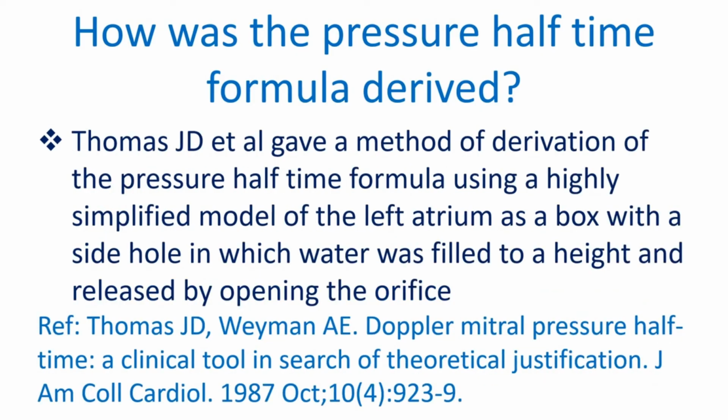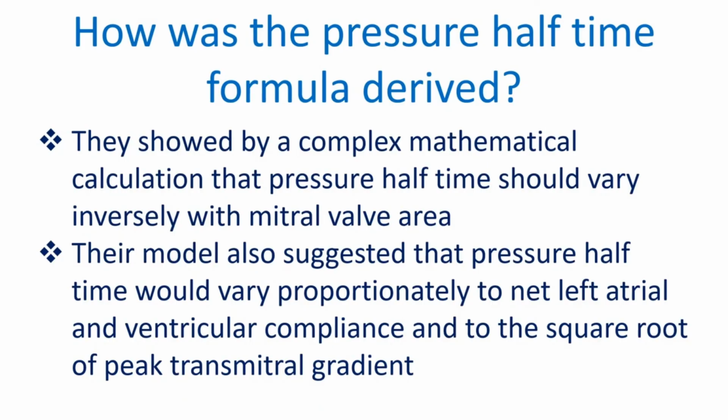Thomas J.D. and associates gave a method of derivation of the pressure half-time formula using a highly simplified model of the left atrium as a box with a side hole in which water was filled to a height and released by opening the orifice. They showed by a complex mathematical calculation that pressure half-time should vary inversely with mitral valve area.